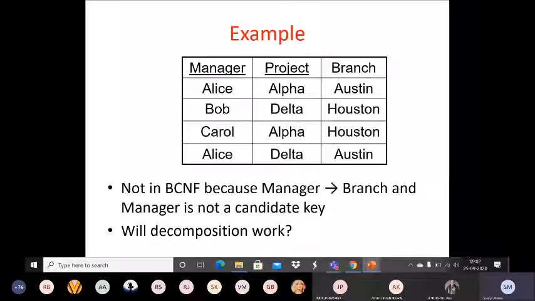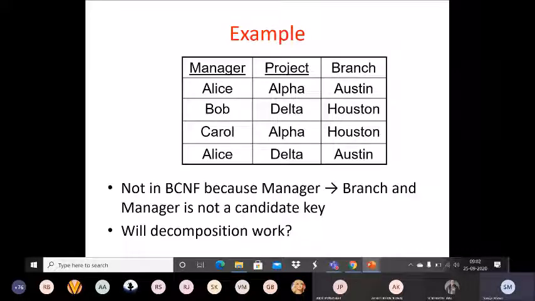In BCNF, we have seen it is stricter than 3NF. It is in 3NF, but it is not in BCNF. So this is a special type of example. I have told you, in most probable cases, if it is 3NF, it is also in BCNF. But in this type of case, it is in 3NF, but not in BCNF.